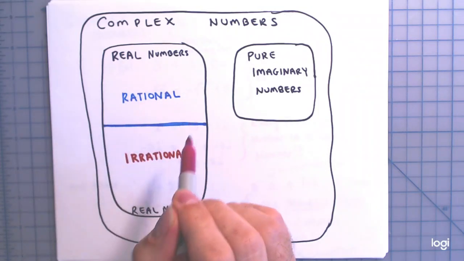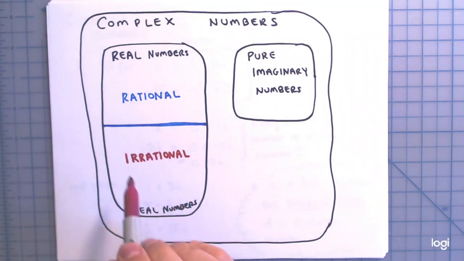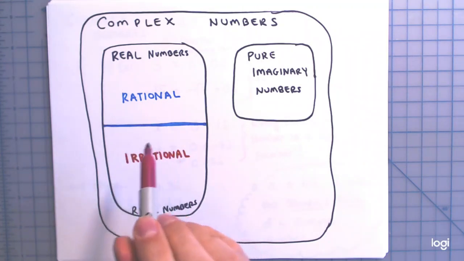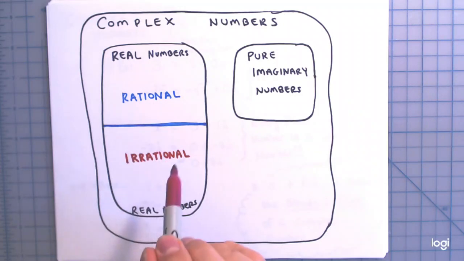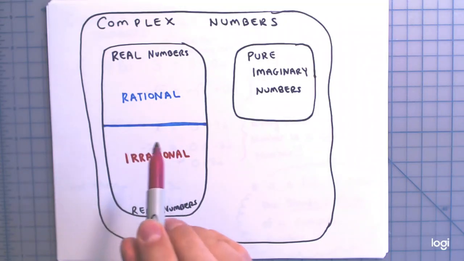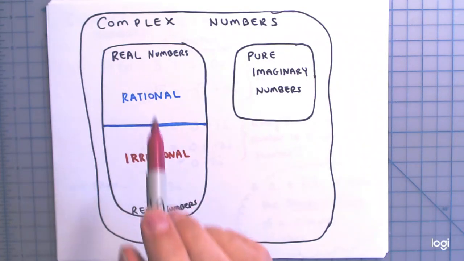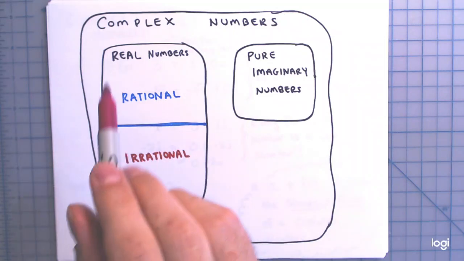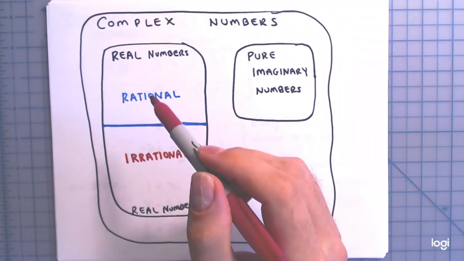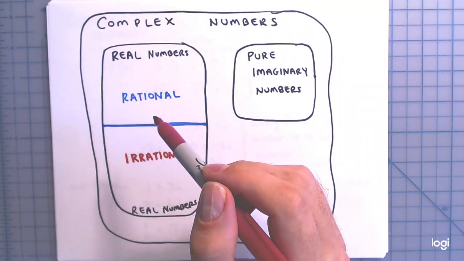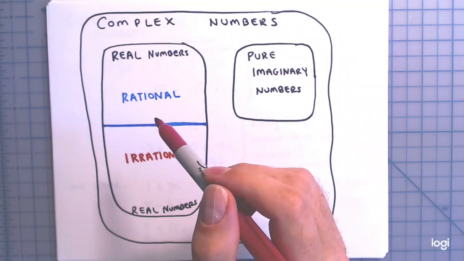And the other part of the real numbers are the irrational numbers, right? And these are the numbers that can't be written as a fraction of integers, a ratio of two integers. Their decimals never end and never repeat. All right. But again, all these numbers here in this blob, all the real numbers, when you square them, the result is a non-negative real number.